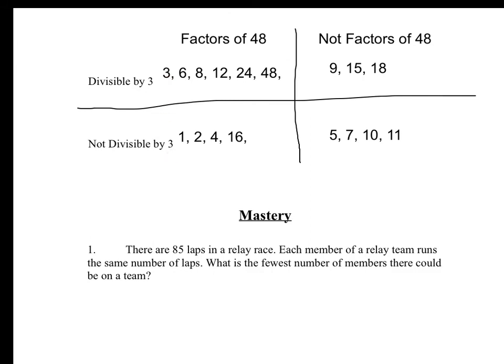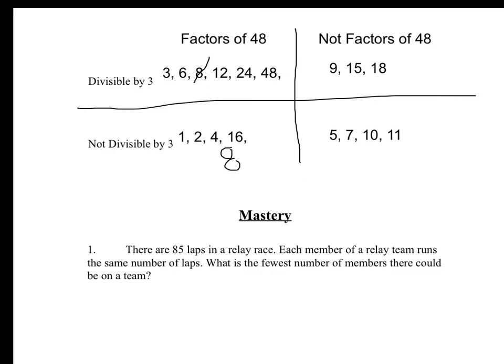So what I did first when I did this question is I put the factors in here if they're not divisible by 3 or divisible by 3. 3, 6, 8. Oh, 8, Mr. Langstrat. Horrendous. Why is that a problem? Because 8 is not divisible by 3. 8 should be belonging down here. Okay, so going back, we have 3, 6, 12 is divisible, 24 is divisible, 48 is divisible.